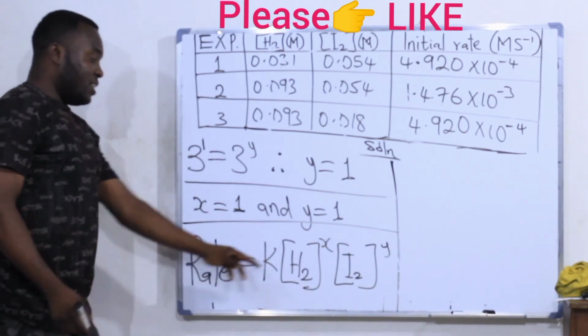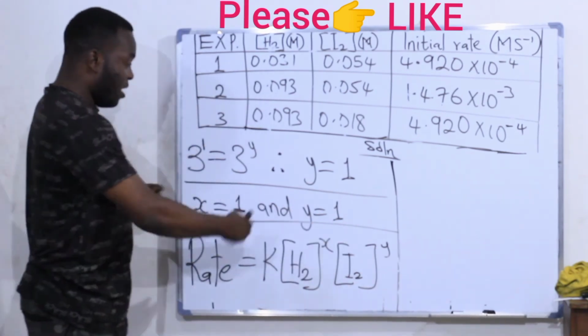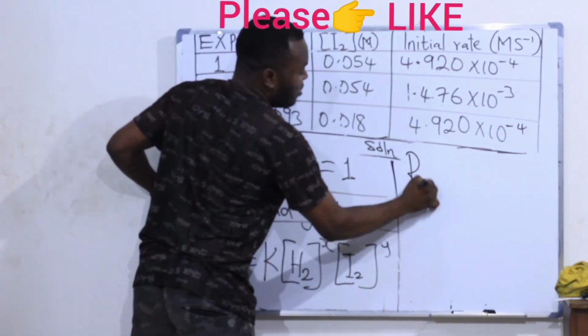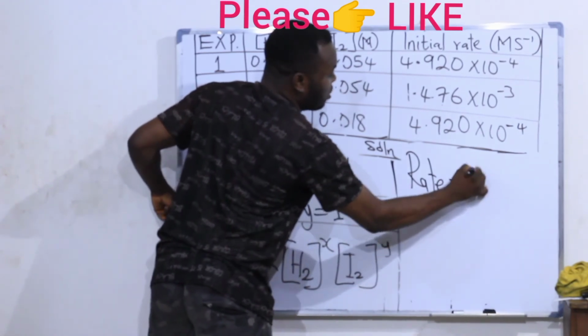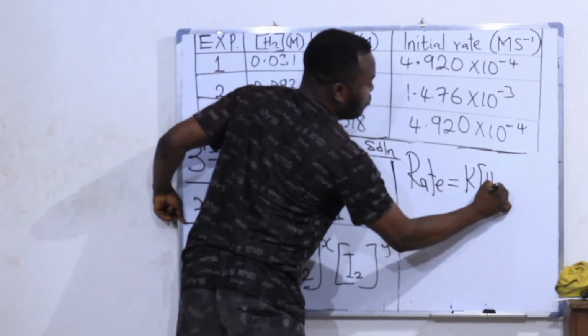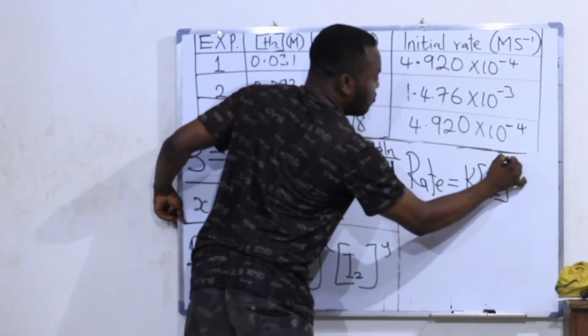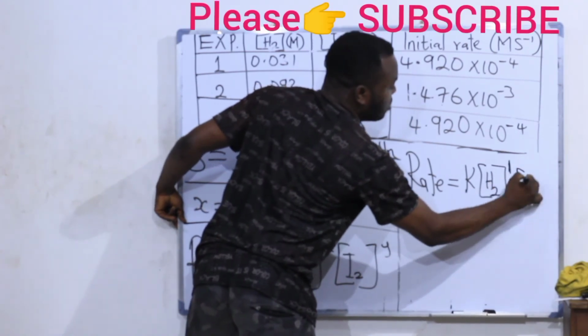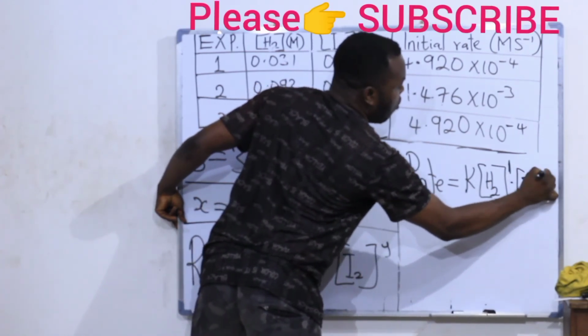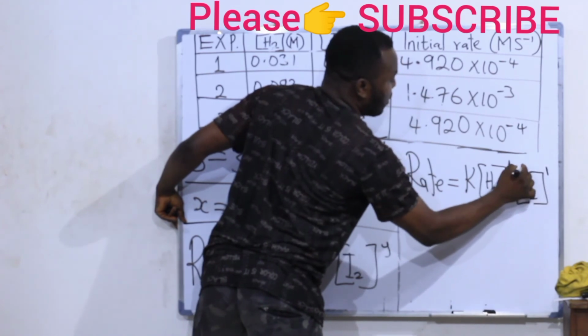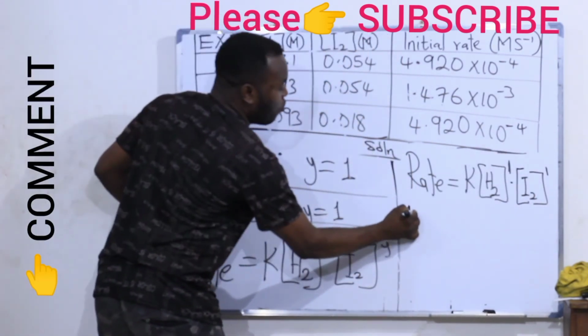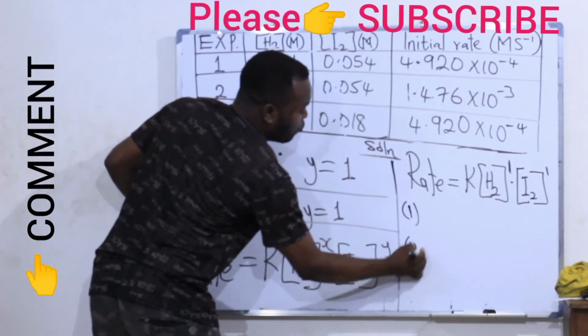Now that I have the values of x and y, I can rewrite it: rate is now equal to K times hydrogen to the power of x, which is 1, times iodine to the power of y, which is also 1.